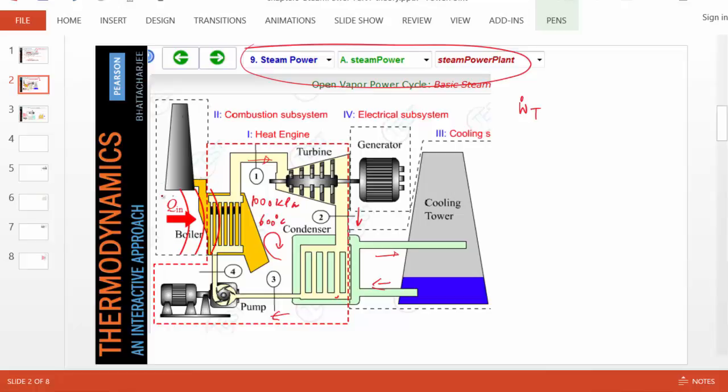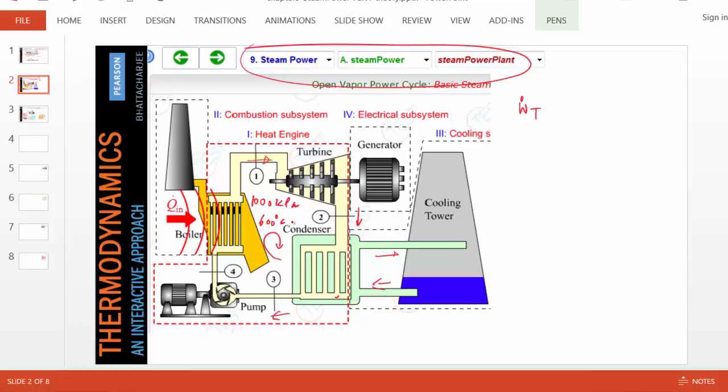In the case of a nuclear power plant, fuel rods; in a coal burning power plant, coal burning in this area; in a natural gas power plant, natural gas or methane burning here. In any case, the supply of heat comes into the boiler, making the water boil and become superheated at state 1, and that completes the cycle.